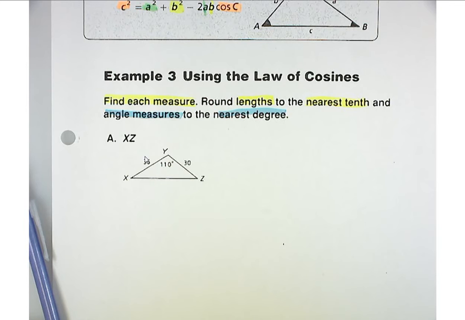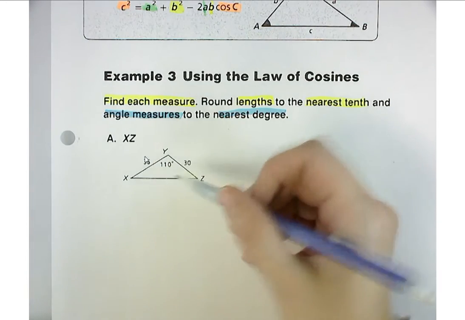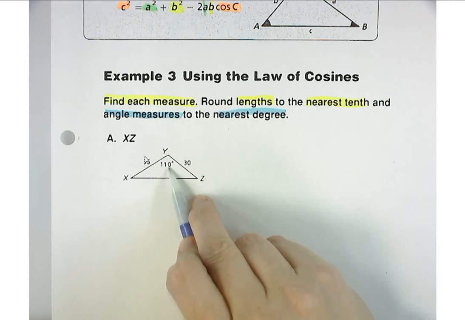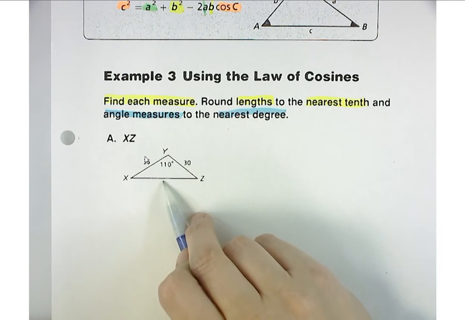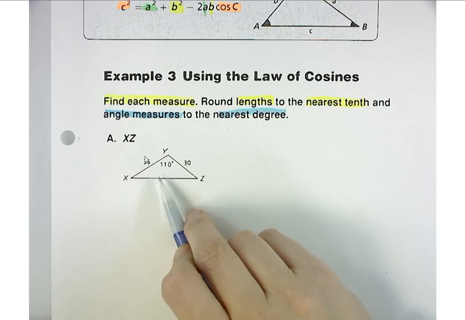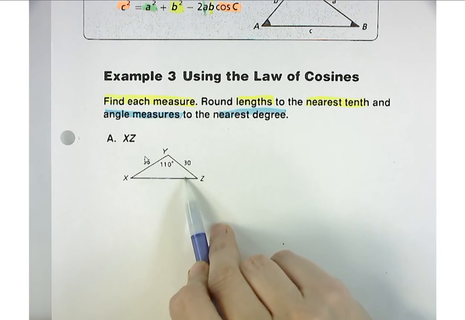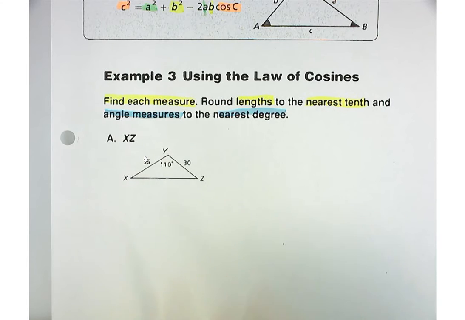Because there's no corresponding sides and angles. Okay, good. So there's no pair of corresponding sides and angles. So I'm given 110, okay, which does not have a side length across from it. And then because I have these side lengths, I don't know what this angle is, and I can't figure it out, okay, with the information given. So I'm going to have to use the law of cosines.